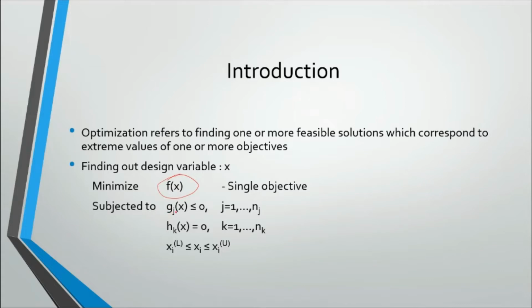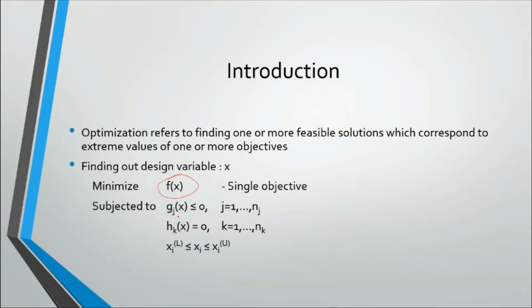The constraints are normally written as less than or equal to 0, as well as equal to 0 conditions. There are two different conditions that are possible: less than or equal to 0, and equal to 0. Obviously, greater than or equal to 0 is also possible, but we are avoiding that sort of constraint in this case.